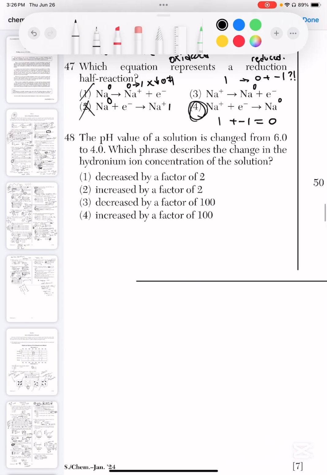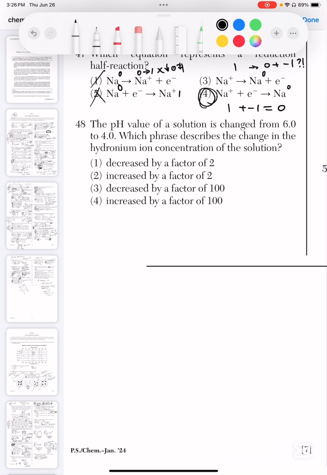And then the pH value of a solution is changed from 6 to 4, which phrase describes the change in hydronium concentration? Okay, so it's not by factors of 2, it's by factors of 10.